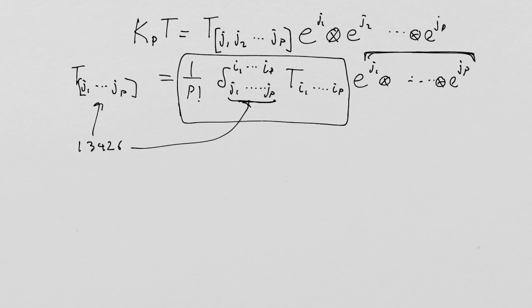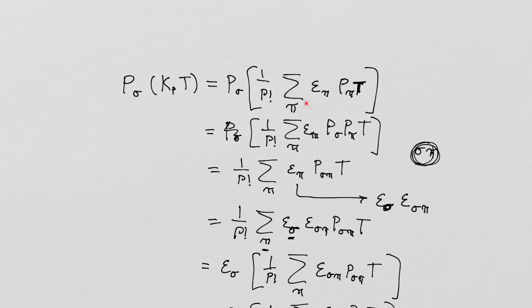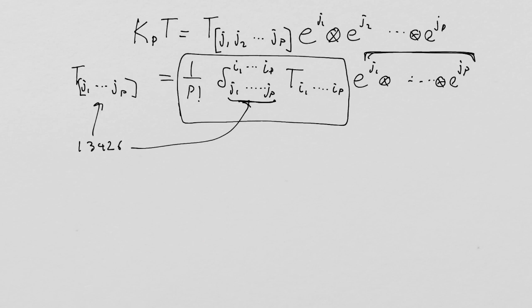And then inside here, you sum over everything else. And that captures the notion of summing over all the permutations in the basic definition. And so that is how you execute the antisymmetric projection operator.